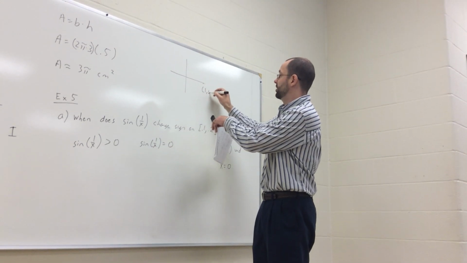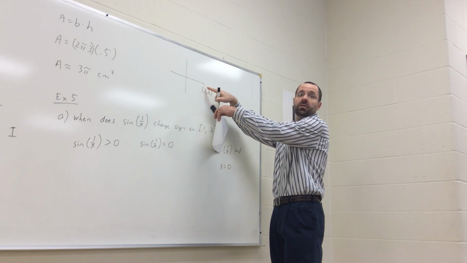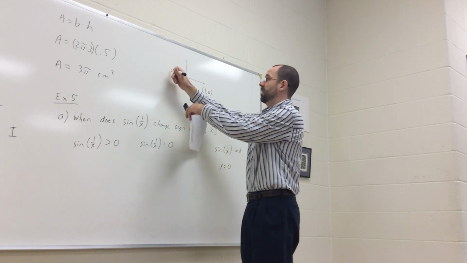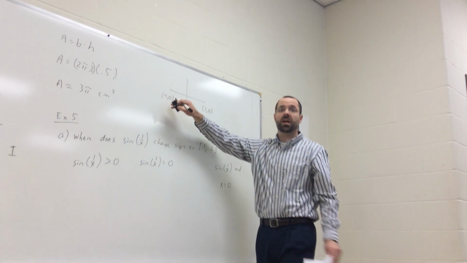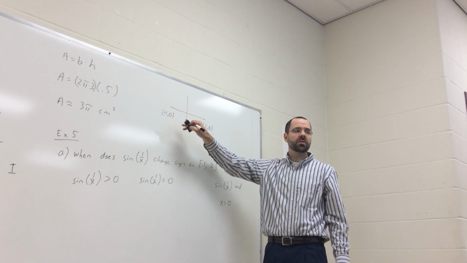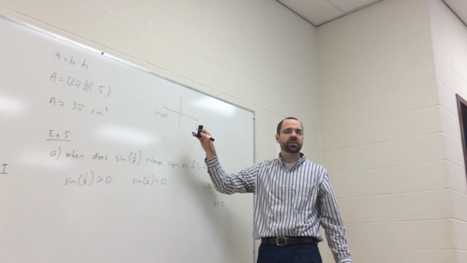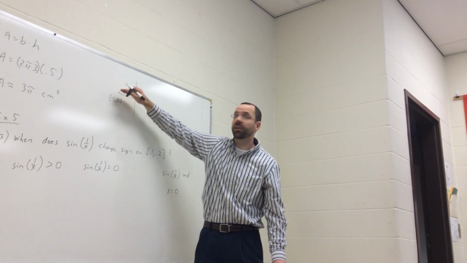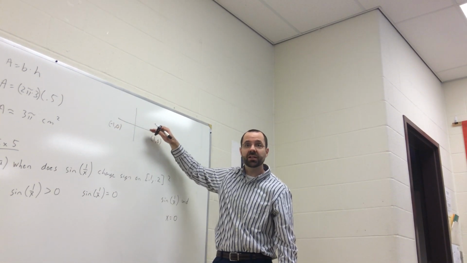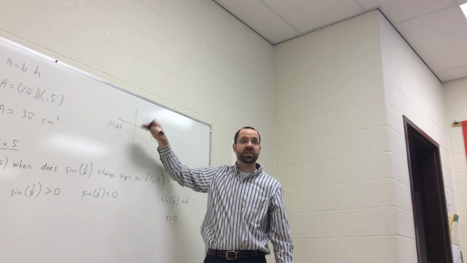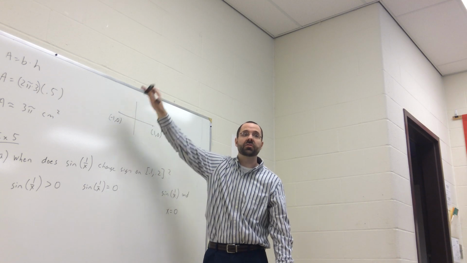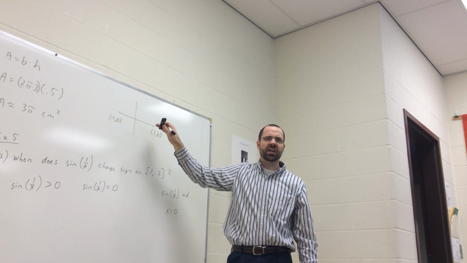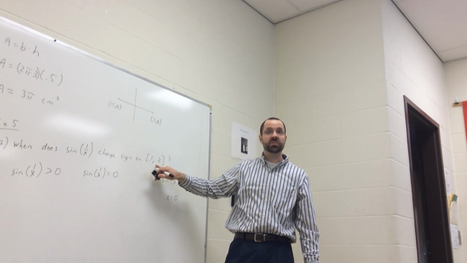So the y value is 0 at that point, 1 comma 0, and it's also 0 at that point, negative 1 comma 0. So the question is, what are these angles? Well, 0 radians, pi radians, 2 pi radians, 3 pi, 4 pi, 5 pi, et cetera, right? Or negative pi, negative 2 pi. I'm not going to write the negatives down because my interval is positive.